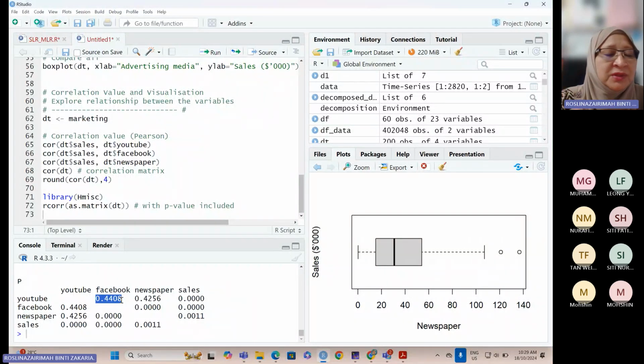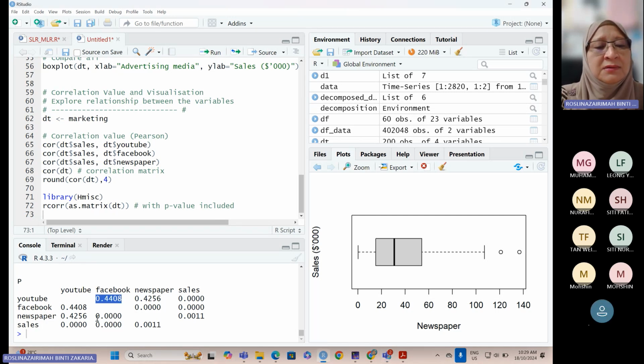That means it doesn't matter if there is no YouTube or no Facebook, because the relationship is not significant. Understand, Doctor? If it is less than 0.05, that means the relationship is significant between sales and YouTube, sales and Facebook, and sales and newspaper.